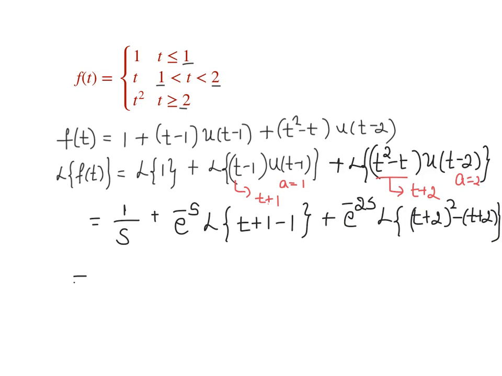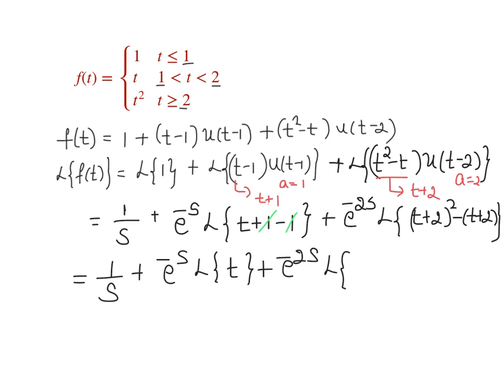Then it is 1 by s plus e power minus s, minus 1 plus 1 gets cancelled. We write the Laplace transform of t. Next e power minus 2s, and we expand and simplify. t square plus 4t minus t becomes plus 3t, plus 4 minus 2 becomes plus 2.